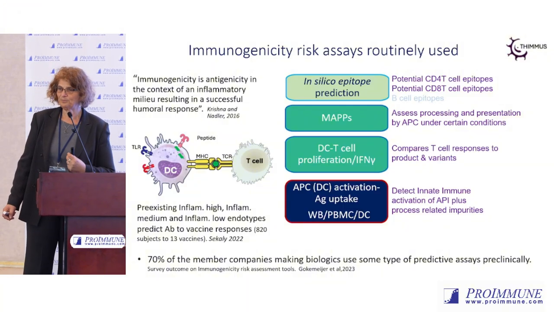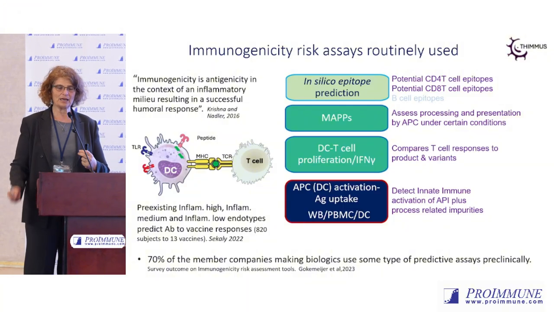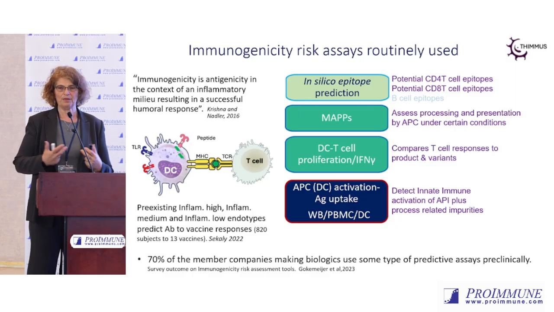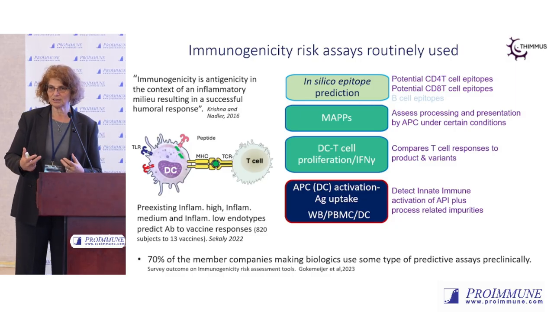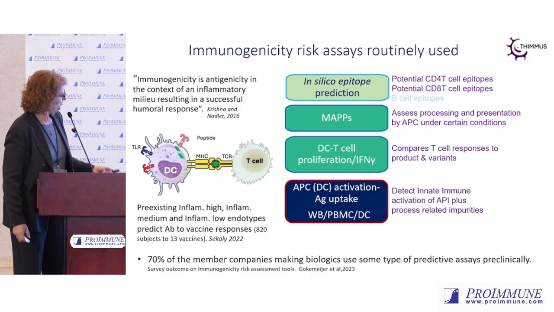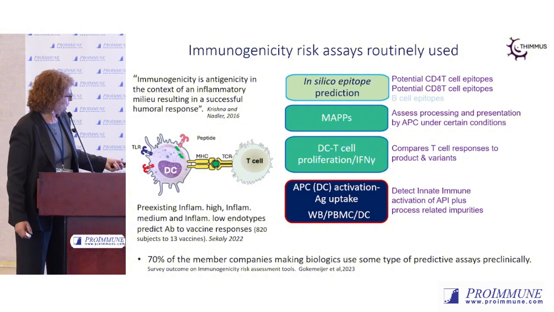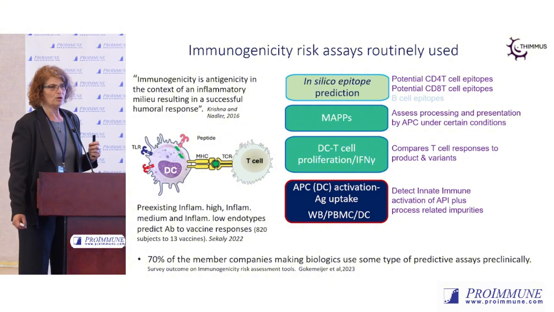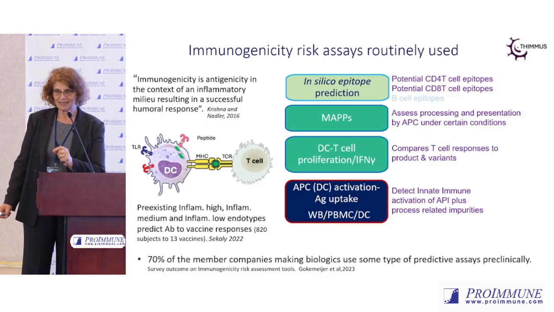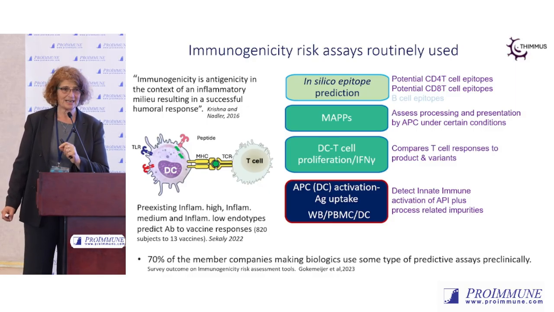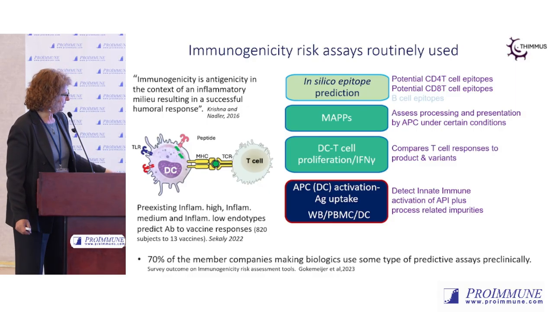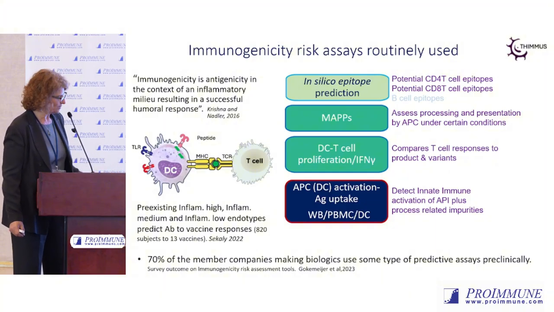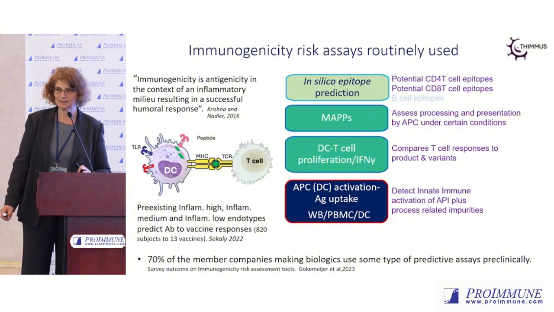And I think I like the definition because it really puts in frame the importance of the innate immune system in the process. And I would like to direct you to a couple of papers that came out maybe 2-3 years ago, using studies with subjects that had been vaccinated. They actually looked at 820 subjects receiving 13 different vaccines.